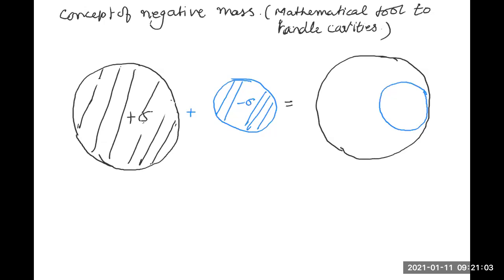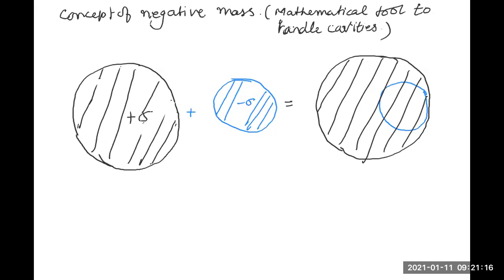That means that when combined, the black disk with the positive mass density is coexisting with the blue disk of negative mass density.